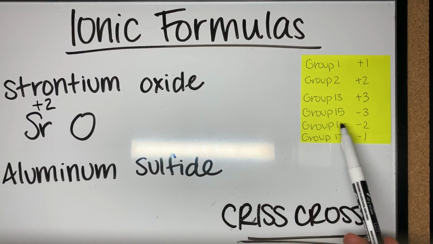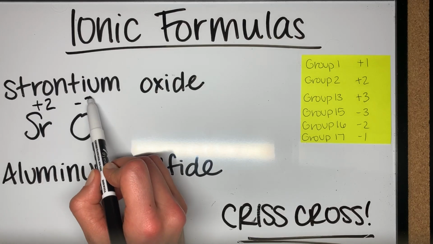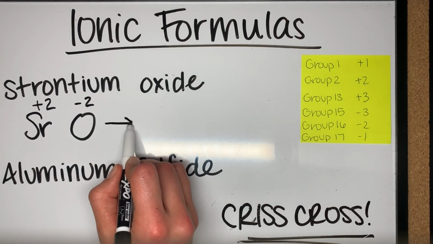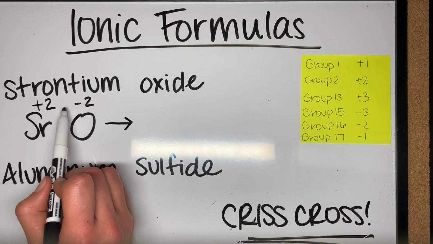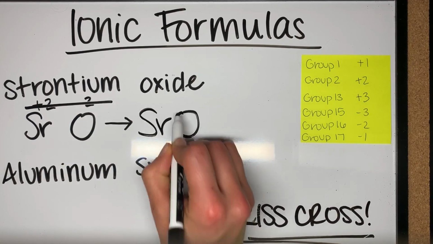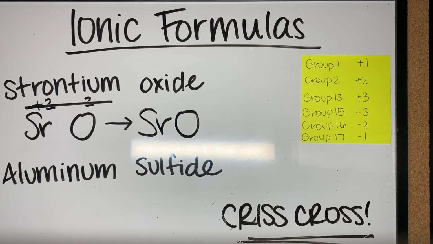Oxygen is found in group 16, giving it a -2 charge. When we put these together, we can notice that these charges are equal and opposite, so they cancel out, leaving us with SrO.